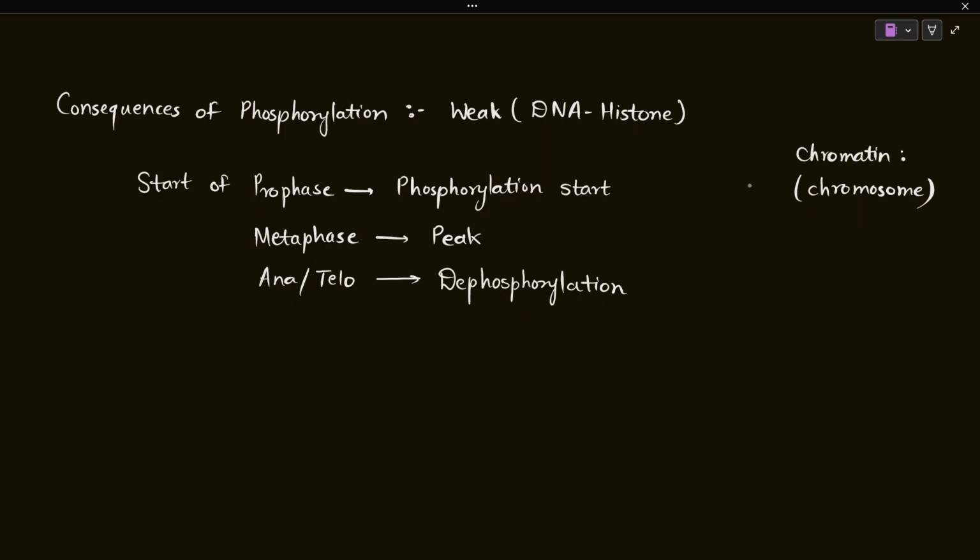So phosphorylation is important. Why? Because it is involved in chromatin condensation. This sounds a bit contradictory, right?